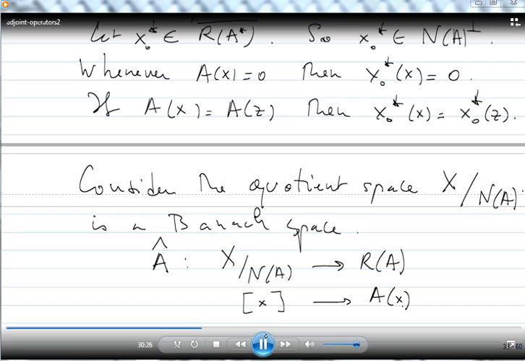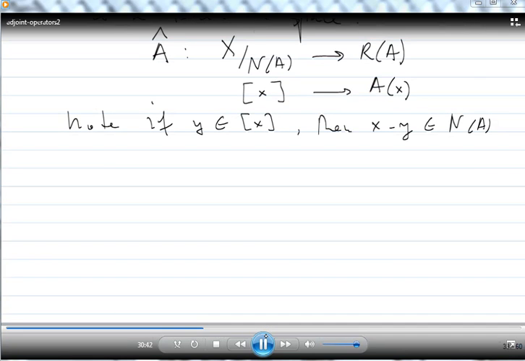That's fine, because if y belongs to the class of x, then x minus y belongs to N of A, which implies that A of x minus y equals 0, or A of x equals A of y. So you see this operator A hat is very well defined.